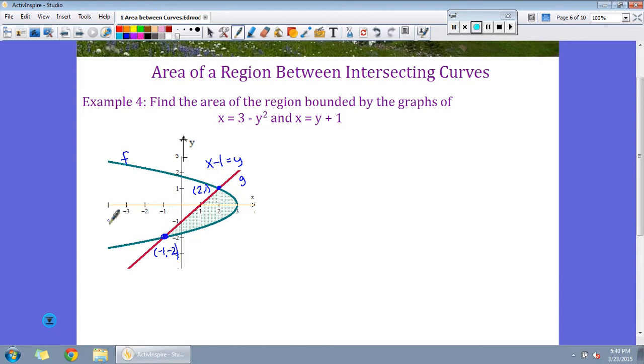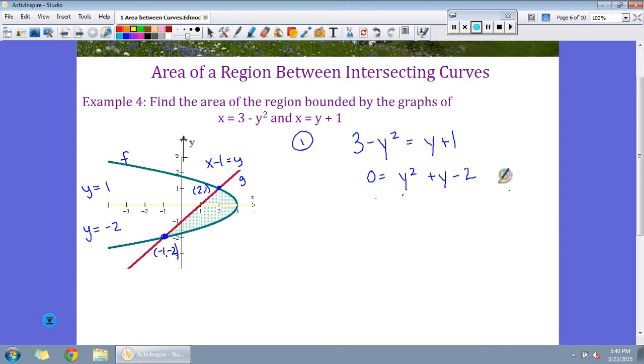So we're going to look at the intersection at y equals negative 2 and y equals positive 1. When you set the two functions equal to each other and you move everything to the same side, this does factor into y plus 2, y minus 1, so we get y equals negative 2 or positive 1.